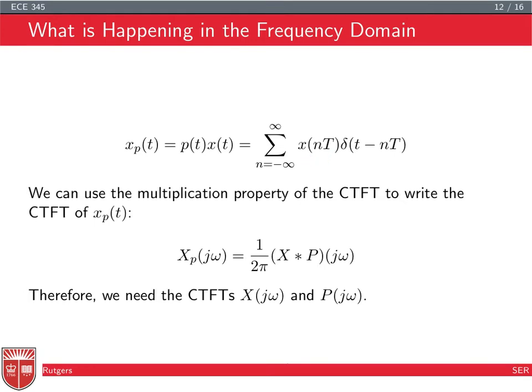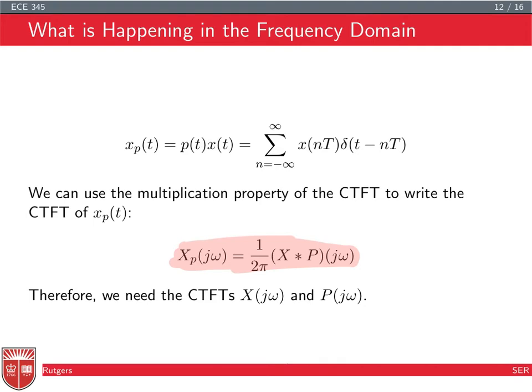Now we can use the multiplication property of the CTFT, and we know that multiplication in the time domain gives convolution in the frequency domain. And don't forget the 1 over 2 pi factor outside. So now I know that the spectrum of the sample signal is going to be essentially the spectrum of the original signal, which is X of j omega, convolved with the spectrum of the impulse train.